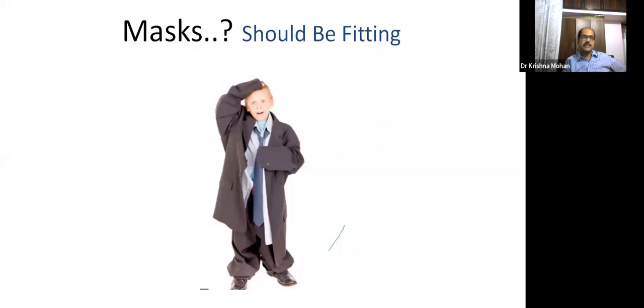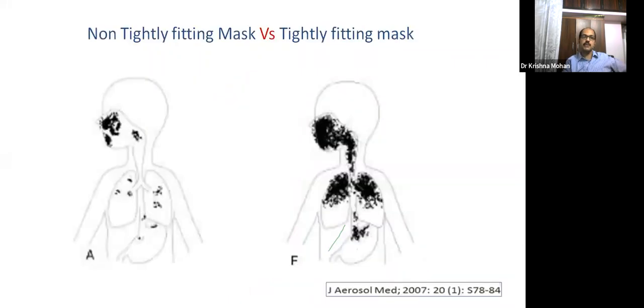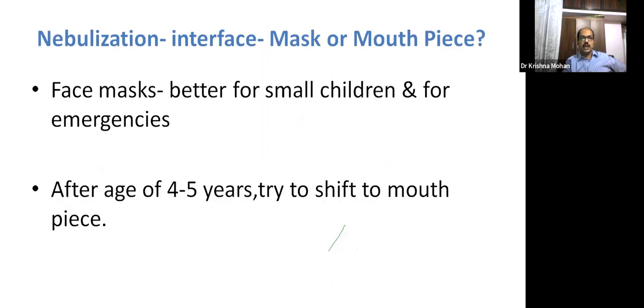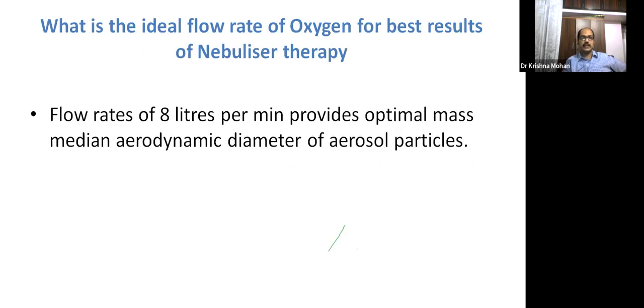What about the mask? When you are using a mask, as I told, less than 4 years you are supposed to use a mask. Always make sure that you are using a tightly fitting mask. In this picture you can see the amount of drug deposited is drastically reduced when you are not using a tightly fitting mask. Another important point is that the face mask is used only for less than 4 years, and after that it is better that you use a mouthpiece directly.